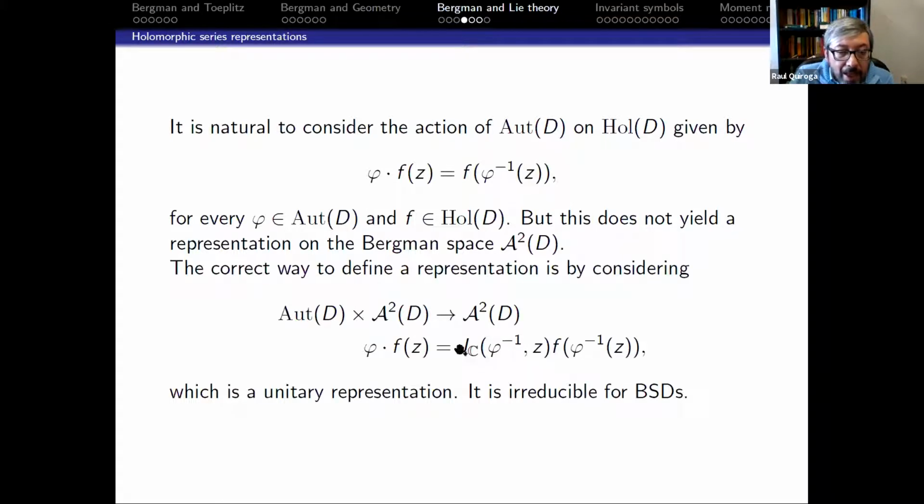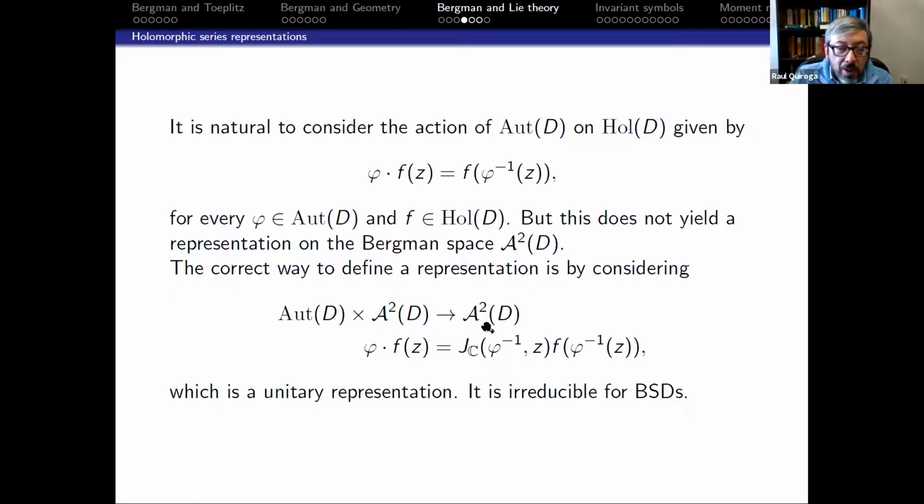So the right way to do it is to precompose, but before that, multiply by the complex Jacobian of the function that you use to precompose. Just because when you take the modulus squared of the complex Jacobian, you obtain the real Jacobian.